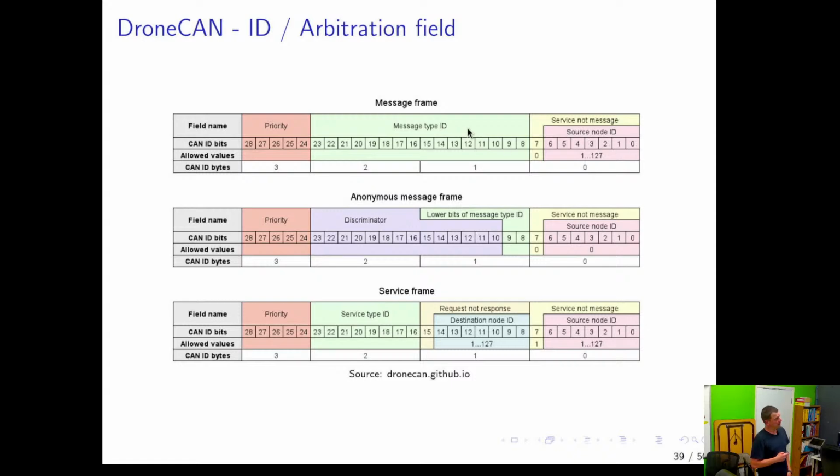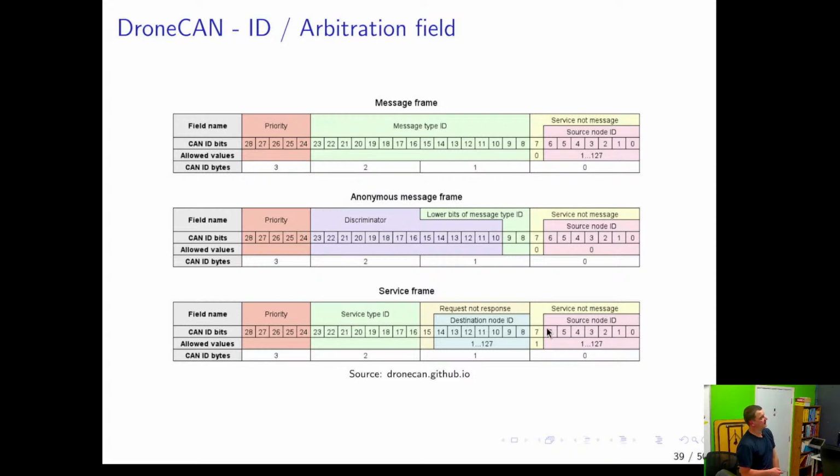So there's a source node ID, message type, I think this is 16 bits, 5-bit priority. So you can see they are using a little bit of the arbitration field for a manually set priority level, and the messages themselves are somewhat prioritized. Like the heartbeat is actually message 1, so no matter what, heartbeats trample everybody else.